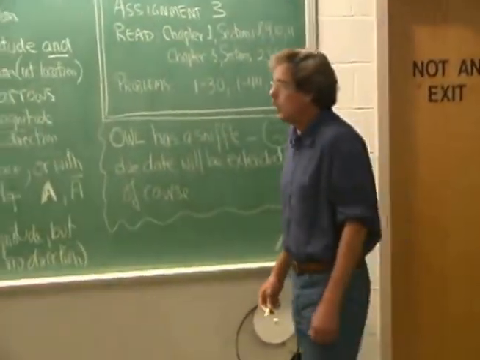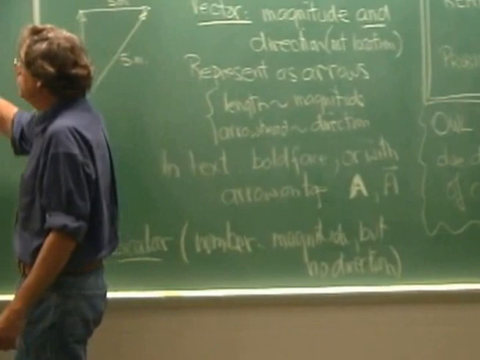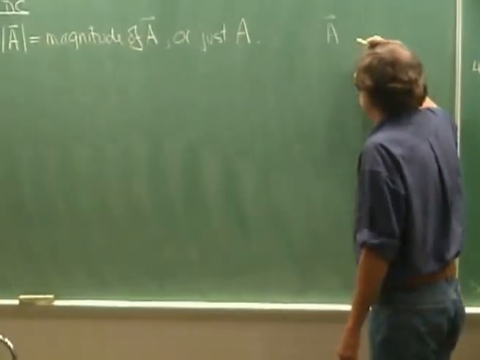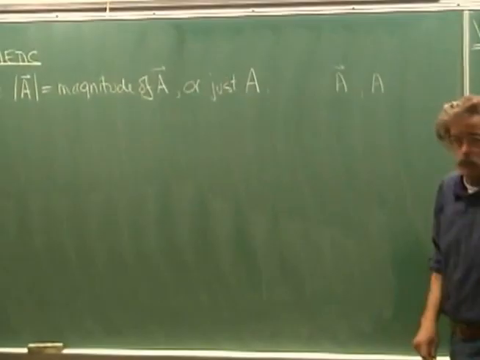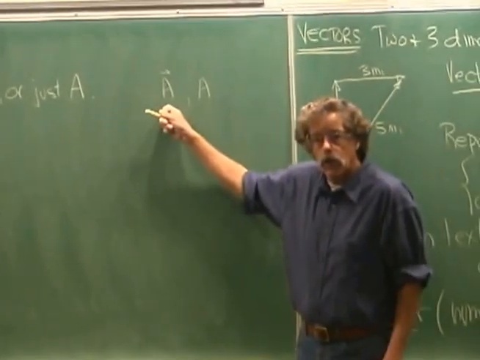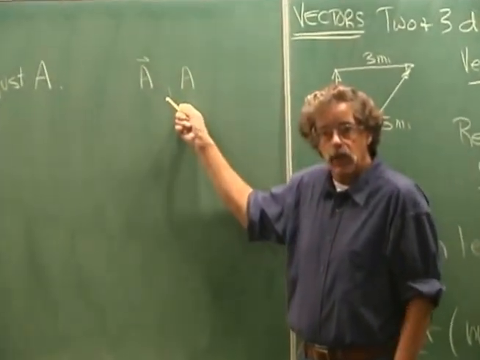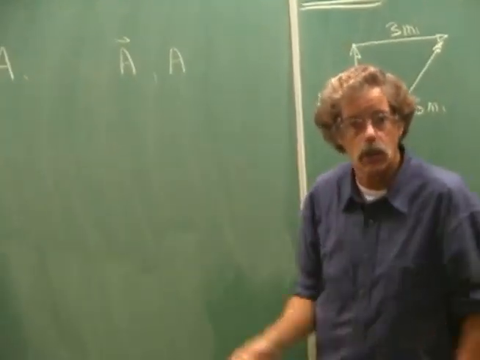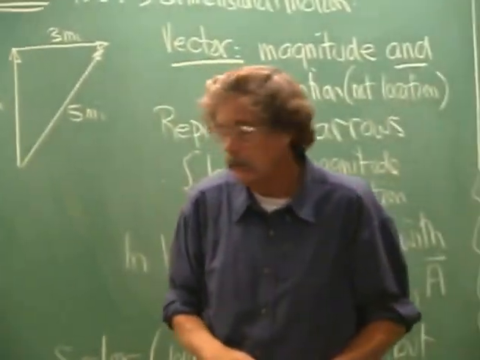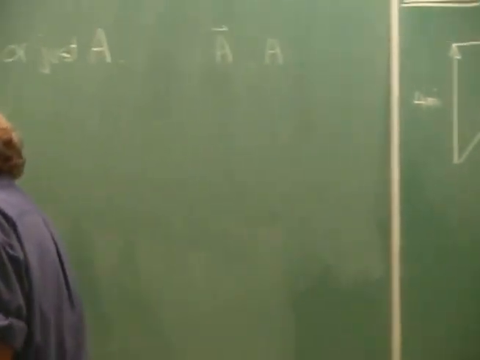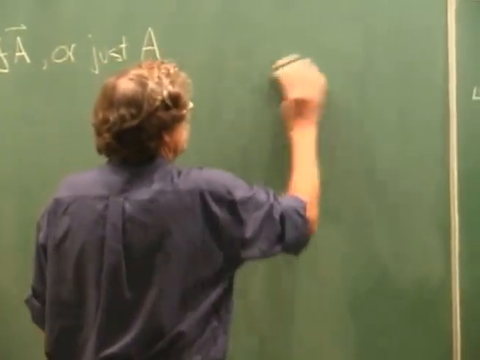If in your own writing you don't distinguish a vector with an arrow at the top, then you can never tell the difference between a vector A and its magnitude, or worse yet, some other scalar that may be floating around in the problem. Very bad.